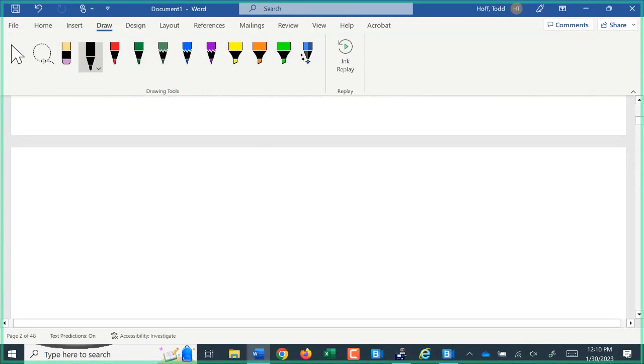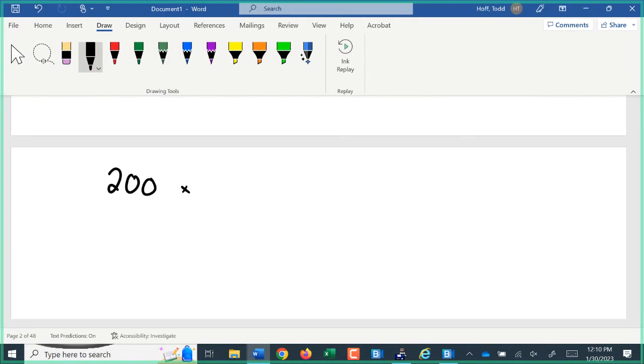There are some relationships here between our decimals and really large numbers that I want to point out. For example, if I have 200 times 40,000. If we wrote this out with count in the name, this is 2 hundreds.